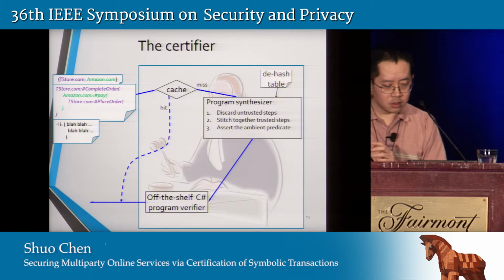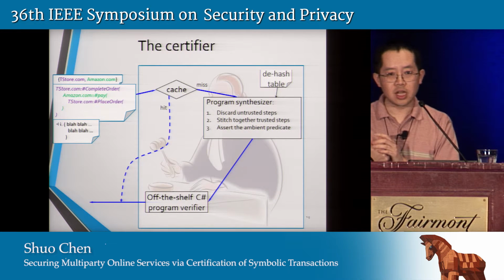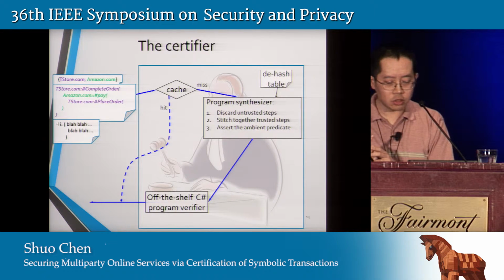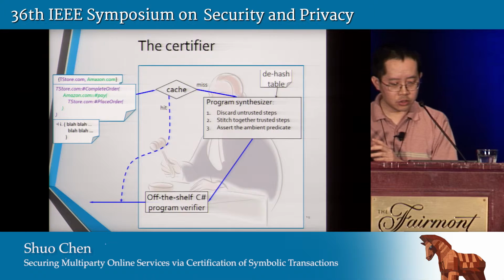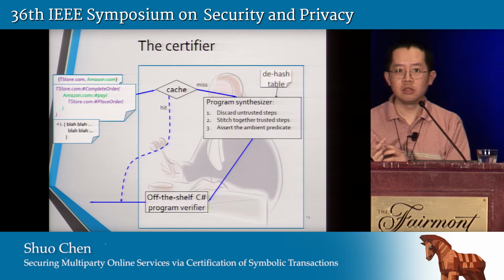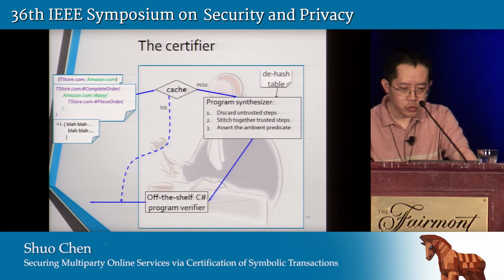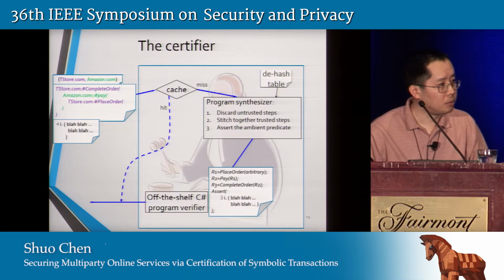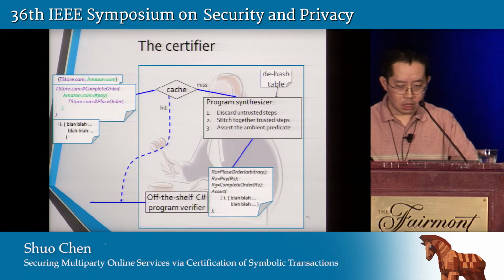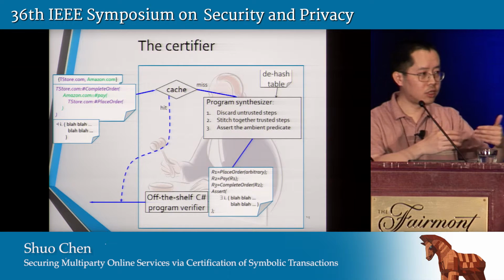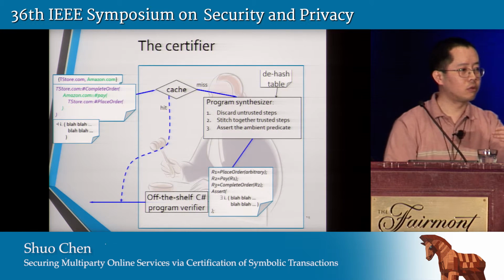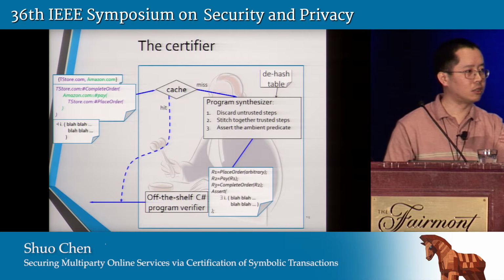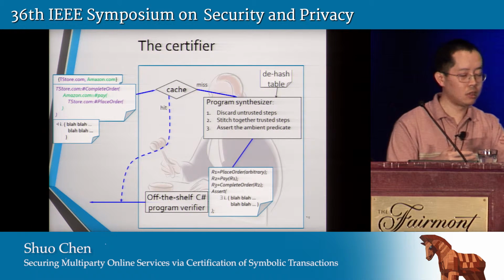It discards untrusted steps, stitches together trusted steps, and asserts the ambient predicate. So in this case, we can see that this is the synthesized program, where the synthesizer just stitches together these 3 method calls and then puts an assert at the end of the program.